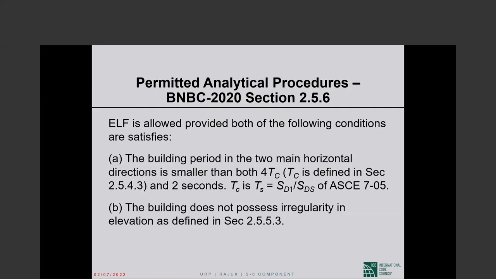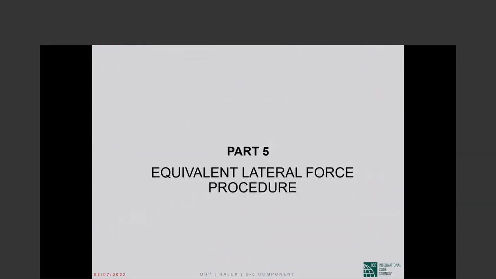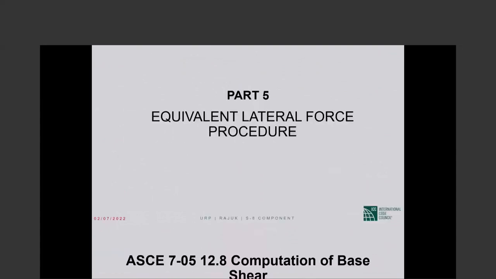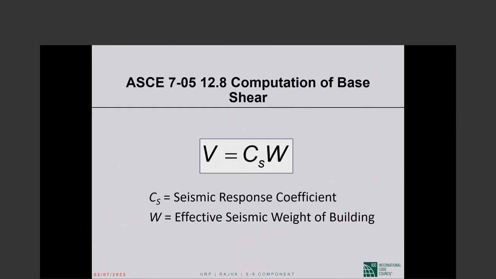That's kind of interesting. So those are the conditions under which ELF will be allowed by BNBC 2020. It's a little different from ASCE 7-05. Okay. Now we start getting into the equivalent lateral force procedure.